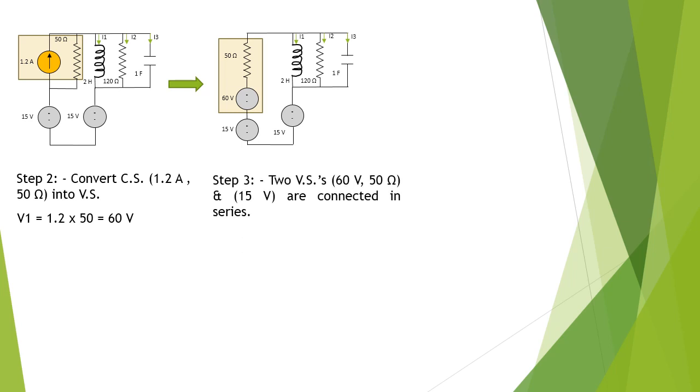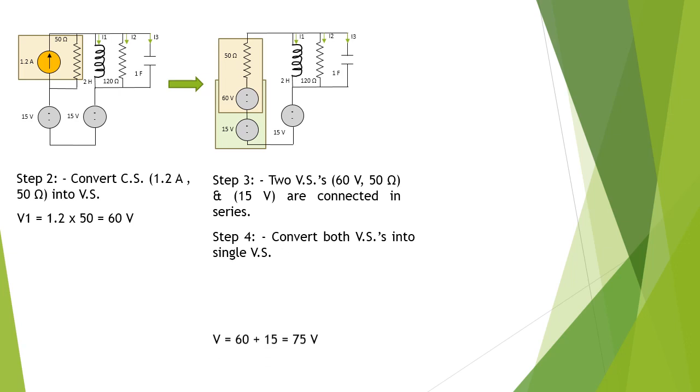Now what do we have to do? Apply step number 3. Now just check the circuit. Here there are two voltage sources. Which ones? 60 volt 50 ohm, a practical voltage source, and another ideal voltage source of 15 volt are connected in series. Whenever we have a series connection, apply step number 4. What? Convert both voltage sources into a single voltage source. So series connected voltage sources are to be converted into a single voltage source. What is the equation to get that?